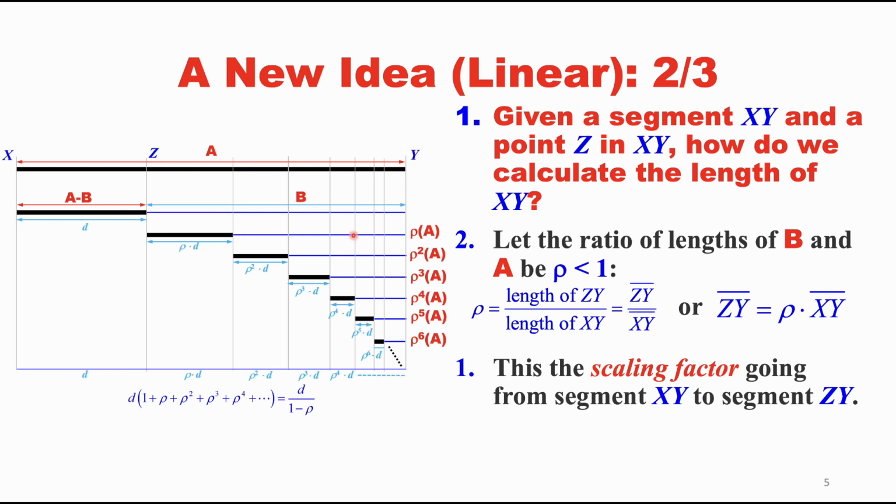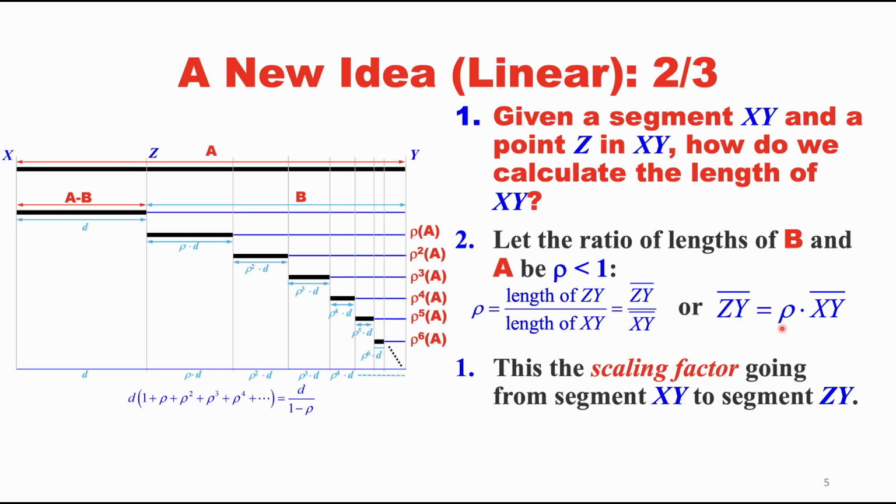So let the ratio of the length of B over A be rho, less than 1. Of course, rho must be less than 1 because rho is the length of B over the length of A. So rho is defined in this way. Therefore, the length of ZY, that is the length of B, is simply rho times the length of A. In other words, this expression states that we shrink the length of XY by a factor of rho to the length of ZY.